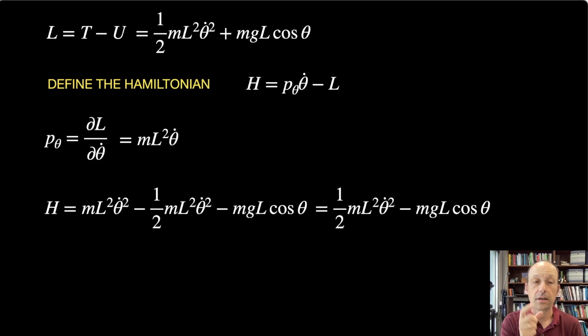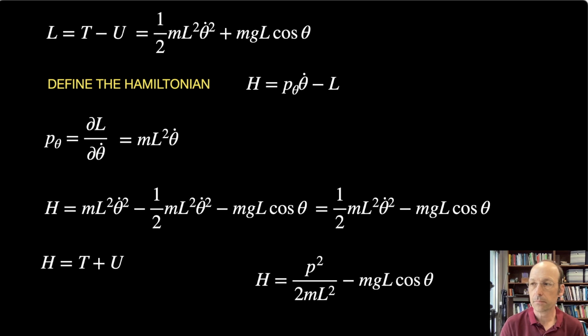So I can combine those first two terms as just 1/2 m l squared theta dot squared minus m g l cosine theta. And this is where you say, well, hey, that's kinetic energy, and that's potential. So it's kinetic plus potential. In this case, that is indeed true. That is not always the case. But in this case, the Hamiltonian is the kinetic plus the potential. But I wanted to do it the formal way because I care.